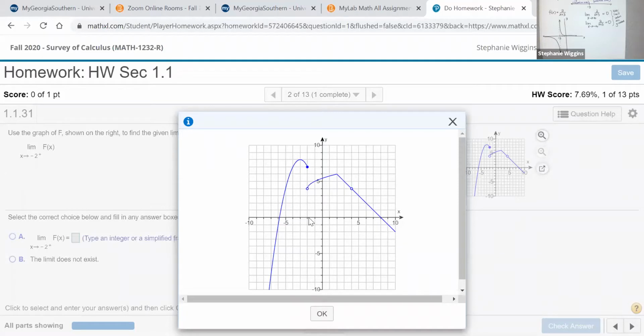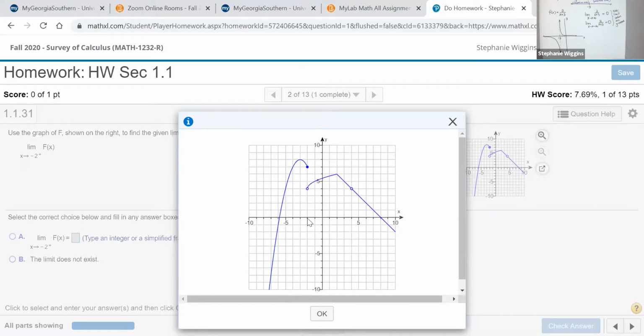Now I'm going to go close, not at -2, because at -2, the function does not exist, right? If you see that open circle there, oh wait, I'm sorry, I misspoke. At -2, the function does exist because I can go up here to this closed-in circle. So the function at -2 is at a height of, it looks like 7 there, okay?